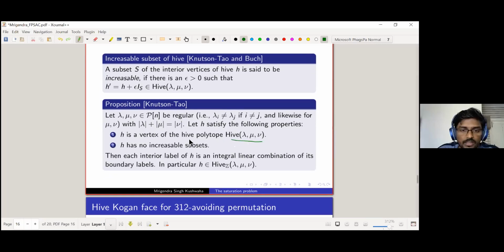The first condition is that H should be a vertex, and H has no increasable subset. Given these two conditions, they prove that the interior labels of this Hive will be an integral linear combination of boundary labels. In fact, if lambda, mu, nu are integral, then this total Hive will be an integral Hive, because the interior vertices are just integral linear combinations of boundary labels. That's how they prove it. So we will use this proposition.